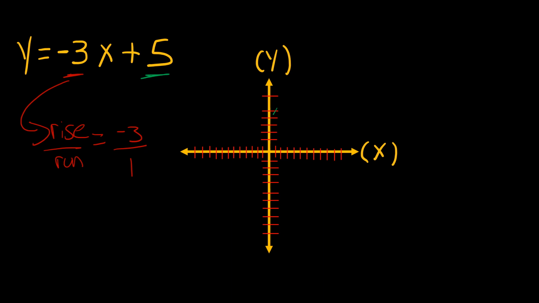Don't really know what happened to our last coordinate. Just right here. And now if we continue the trend, we're going to go down 3, 1, 2, 3, and then over another one. This doesn't look as pretty as it would on graph paper, but you get the idea.